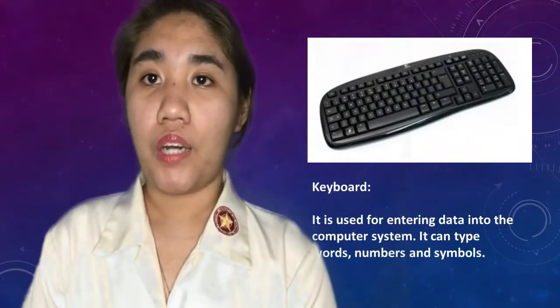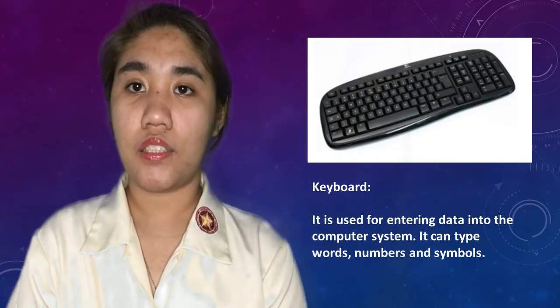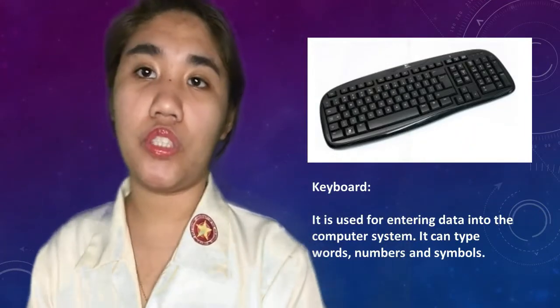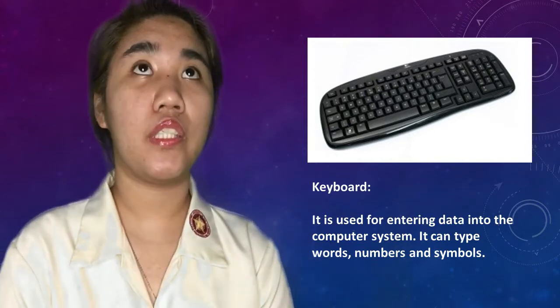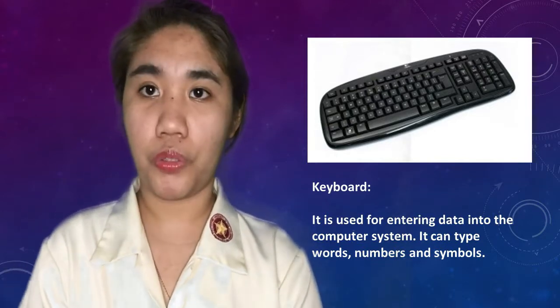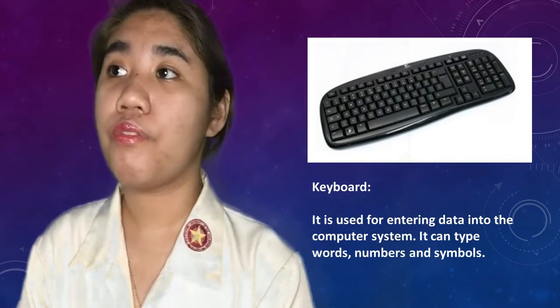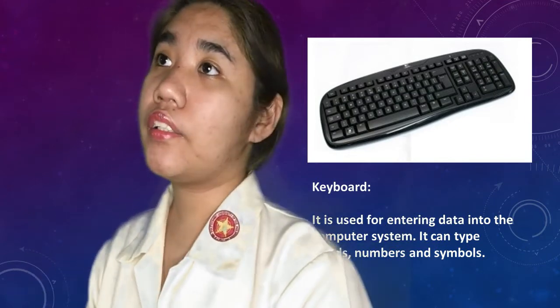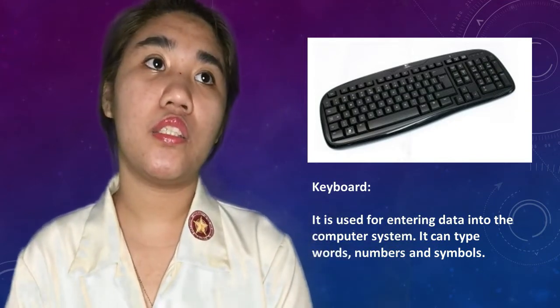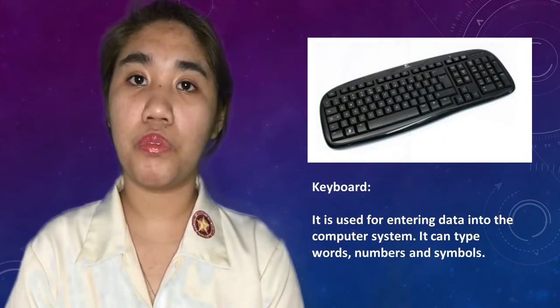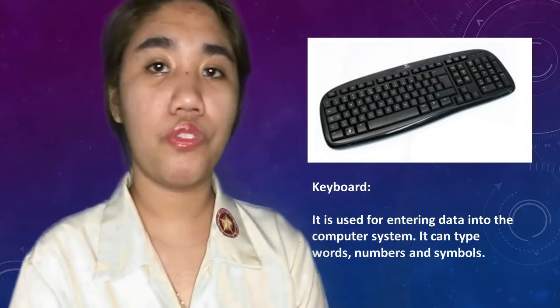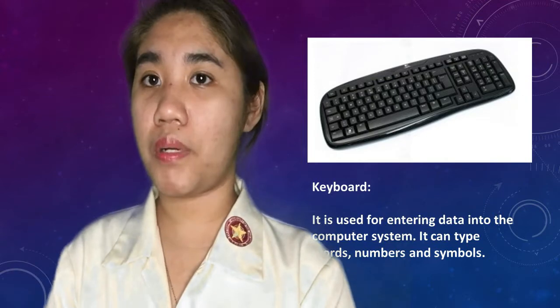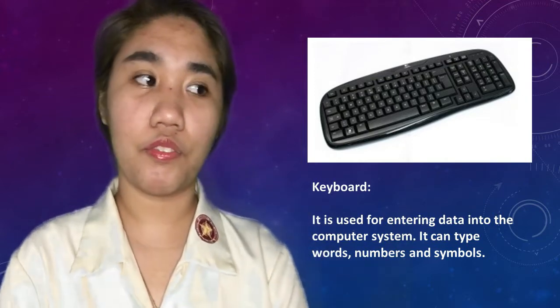Let us talk about input devices. First is the keyboard. When you hear the word keyboard, what comes to your mind? For me, keyboard means keys, and you will press the keys to make the computer function. Am I right? It's very common sense.